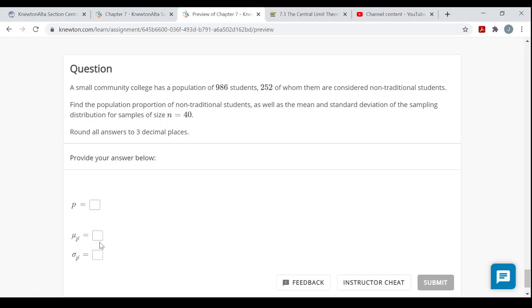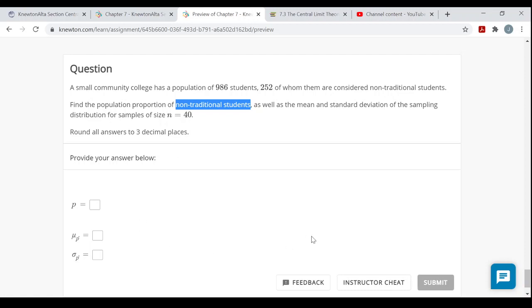That's what's being asked here. So a small community college has a population of 986 students, 252 of whom are considered non-traditional students. Find the population proportion, where being a non-traditional student is a success here, as well as the mean and standard deviation of the distribution of those sample proportions for samples of size 40.